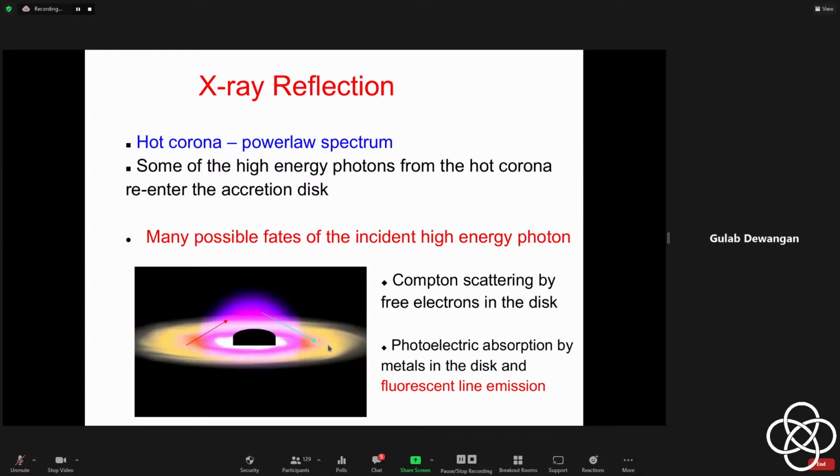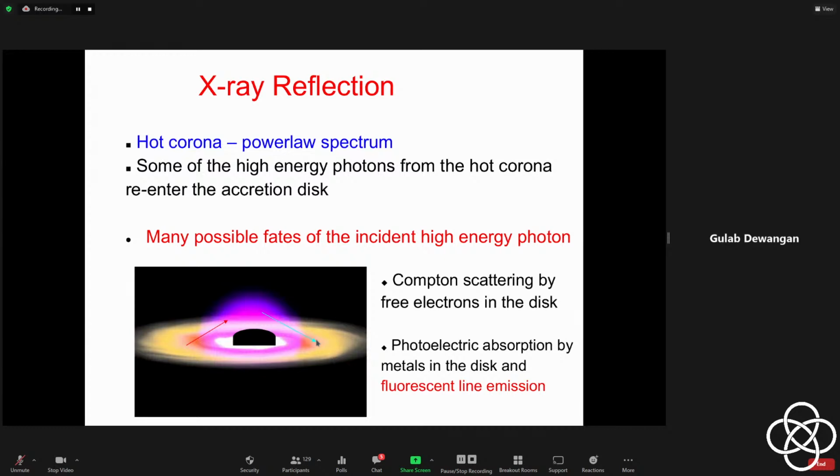There are several possible outcomes in such a scenario. First of all, given the accretion disk temperature, the hydrogen will be ionized into protons and electrons, but other elements will not be fully ionized. So of course, there will be some free electrons. X-rays will get Compton scattered by the free electrons in the disk.